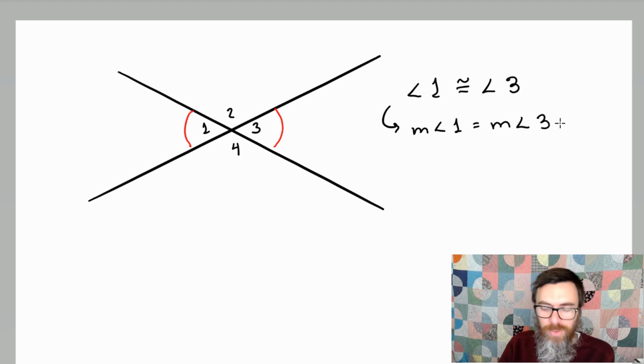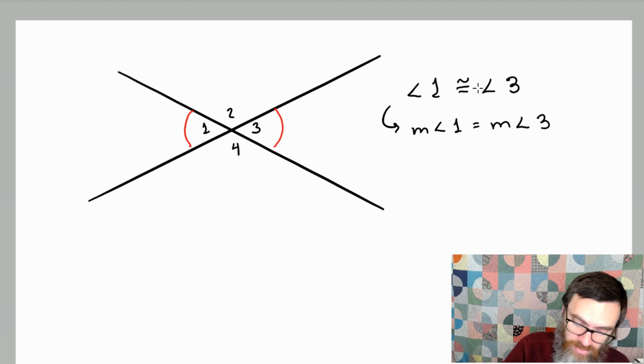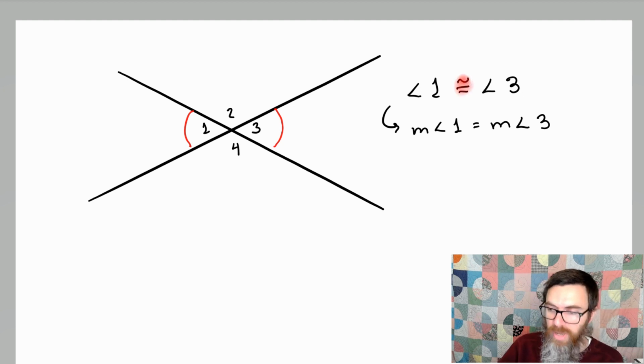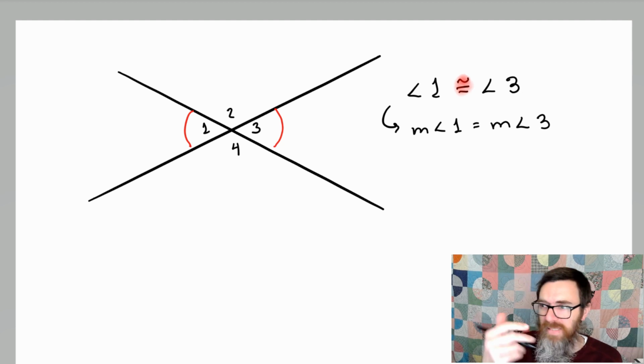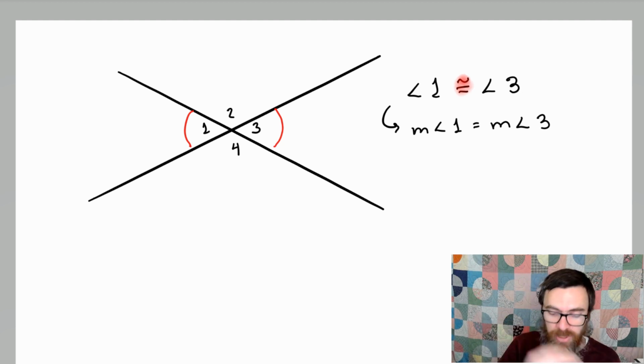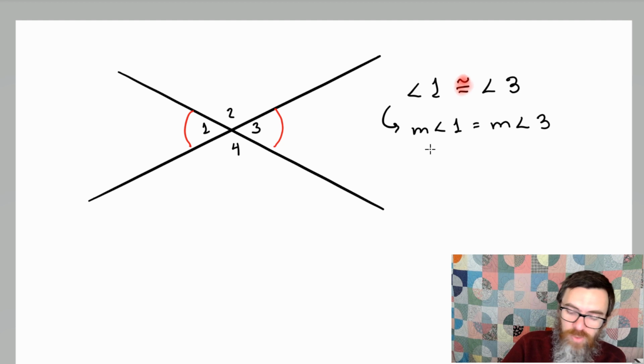So we use congruency. This is the congruency symbol. We use that symbol when we're talking about physical constructions, like line segments being congruent to each other, angles being congruent, triangles being congruent. When we want to talk about something specific like the measure, then those things would be equal. You'd use an equation like what we have right here.